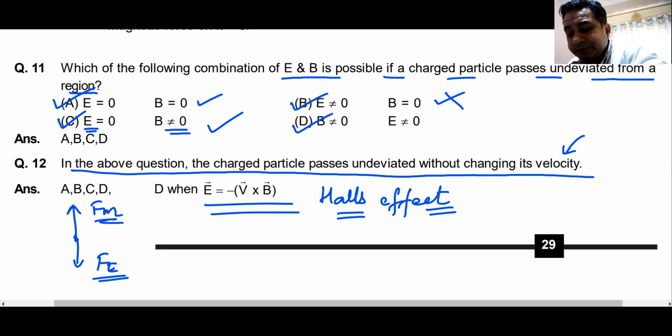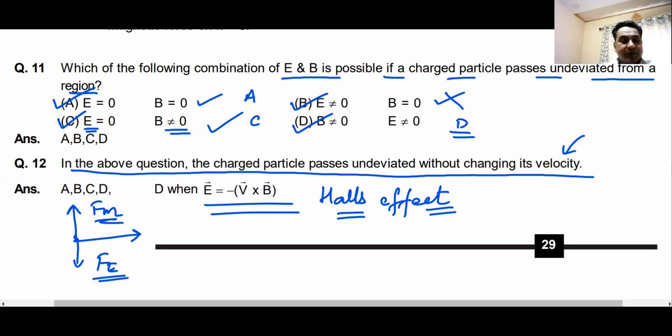Remember this? Yes, possible. So the options that are possible are A, C, and D. Are you getting my point? Yes, sir. A, C, and D.